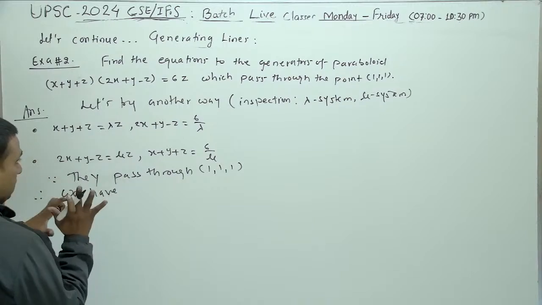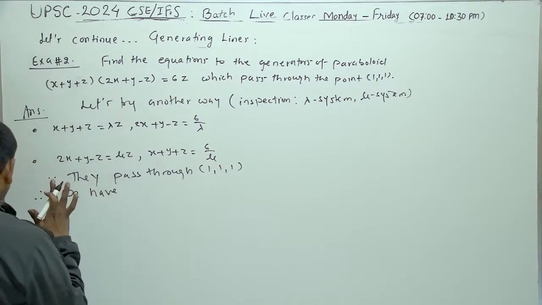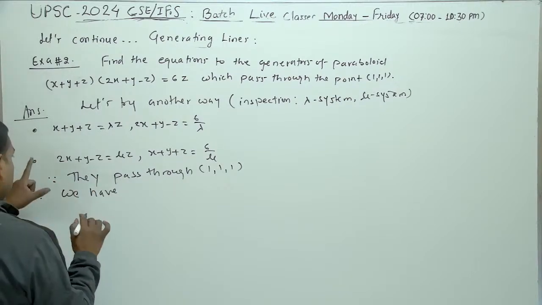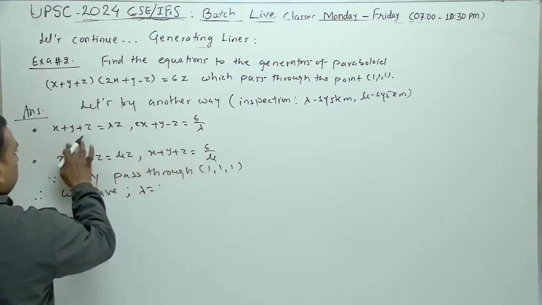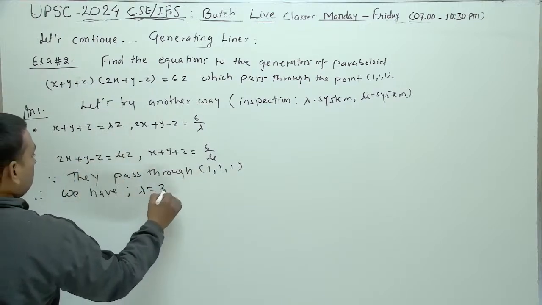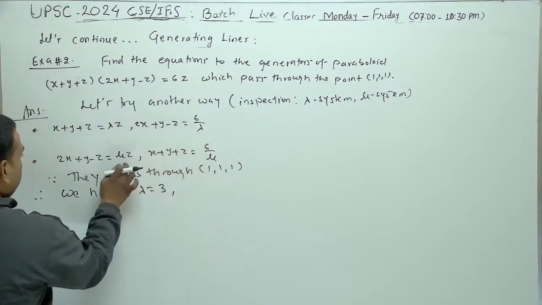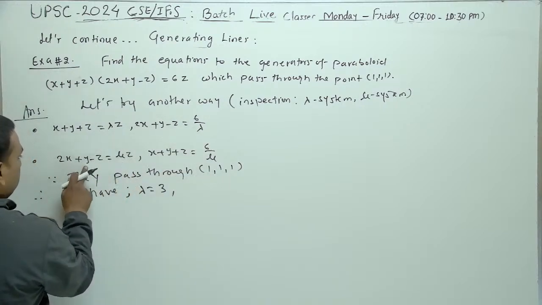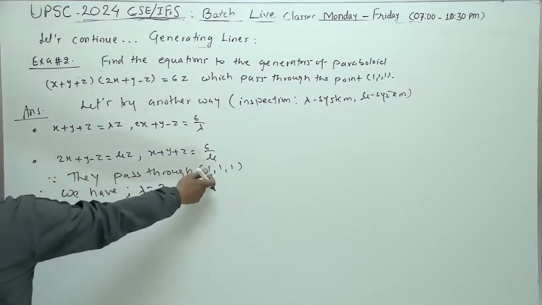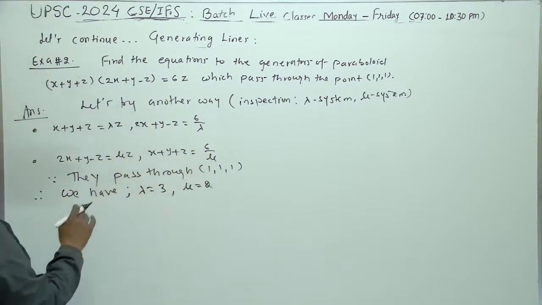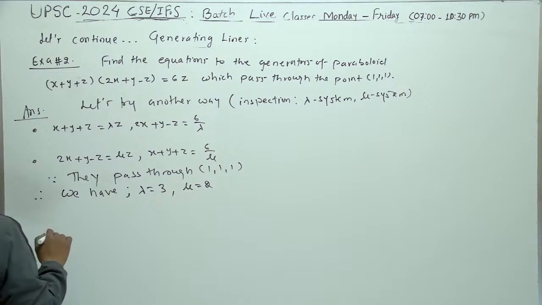पास थ्रू. अगर मैं लैम्डा को सॉल्व कर दूं, लैम्डा का वैल्यू 2 minus 1 that is mu equals 2. So just using this here we got lambda and mu का value.